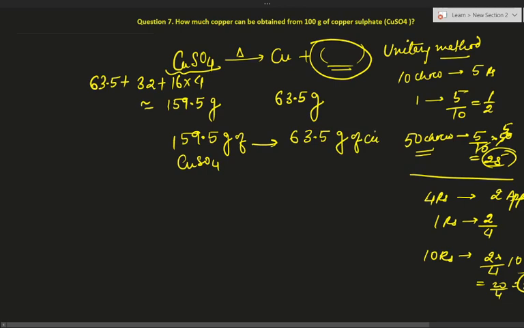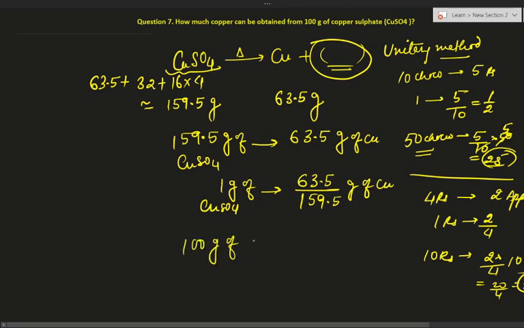So 1 gram of copper sulfate will give 63.5 by 159.5 gram of copper. So 100 gram of copper sulfate will give you 63.5 by 159.5 into 100 gram of copper.